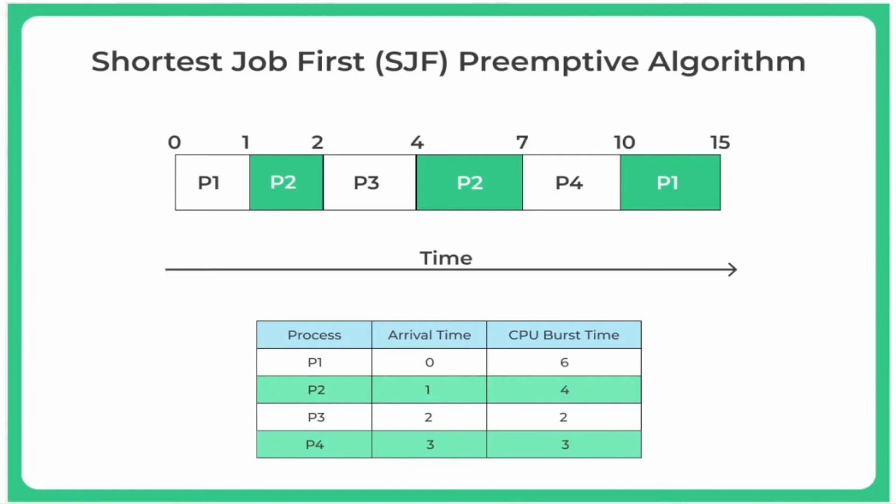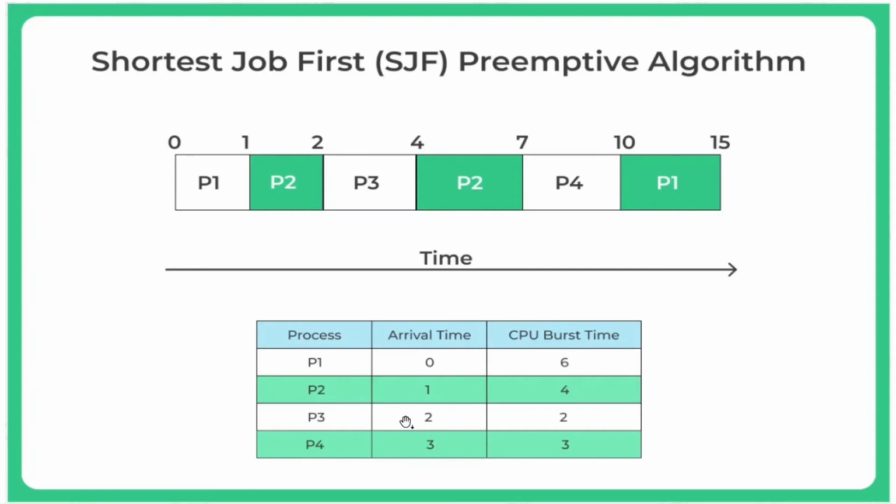So as I said already, we need to sort the burst times and accordingly execute the processes. So 5 and 4. So P2 has the lesser burst time, so it will execute for another 1 millisecond. Why? Because process P3 is arriving at 2 milliseconds, so till then it will be executing for 1 millisecond.